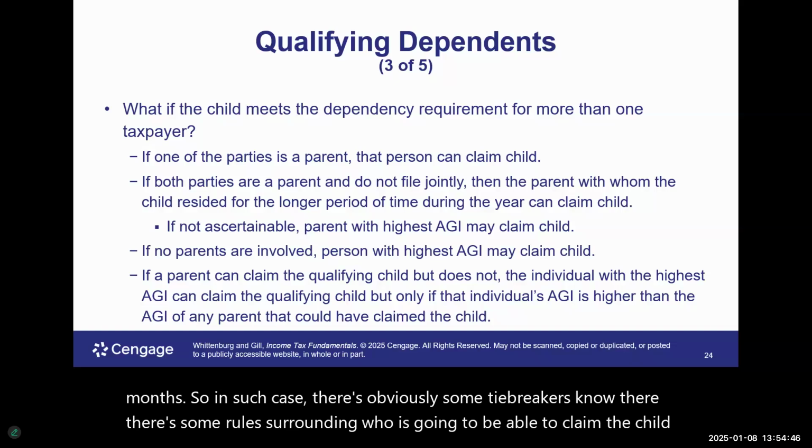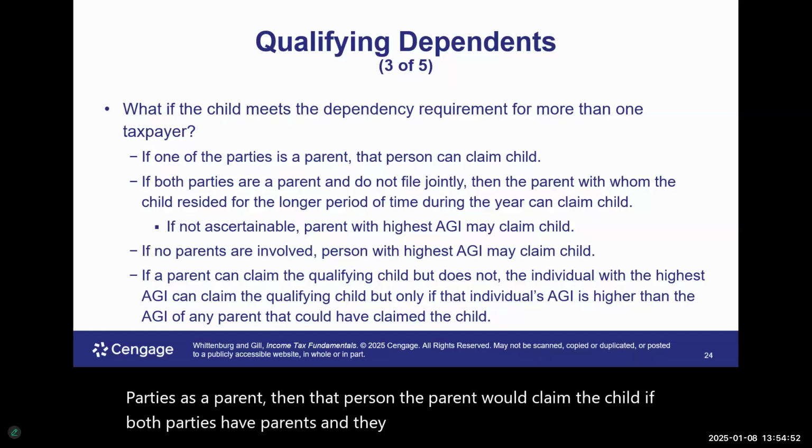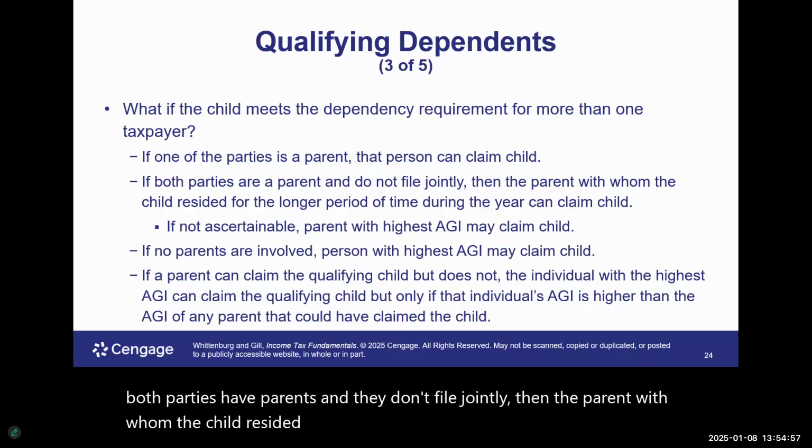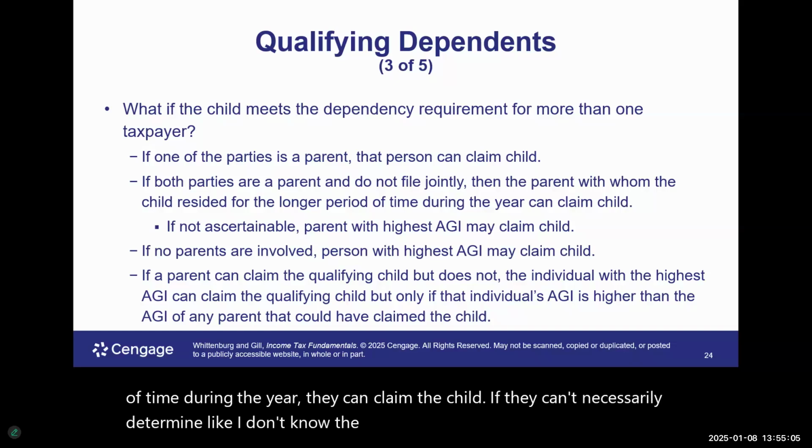If one of the parties is a parent, then that person, the parent, would claim the child. If both parties are parents and they don't file jointly, then the parent with whom the child resided for the longer period of time during the year can claim the child. If it can't be determined, like the child lived here for 6 months and there for 6 months, we don't know.